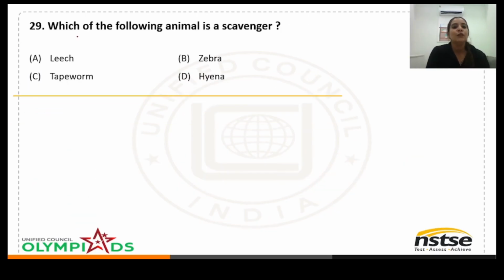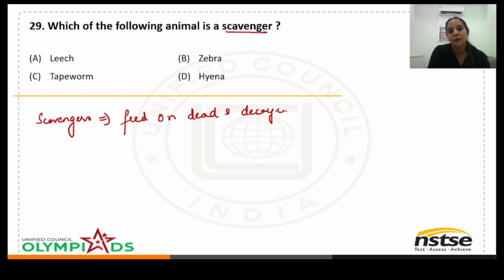Next question. Which of the following animals is a scavenger? Now, do you know what exactly scavengers are? Let me tell you. Scavengers are those organisms which feed on dead and decaying organic matter, and instead of organic matter you can also write biomass.